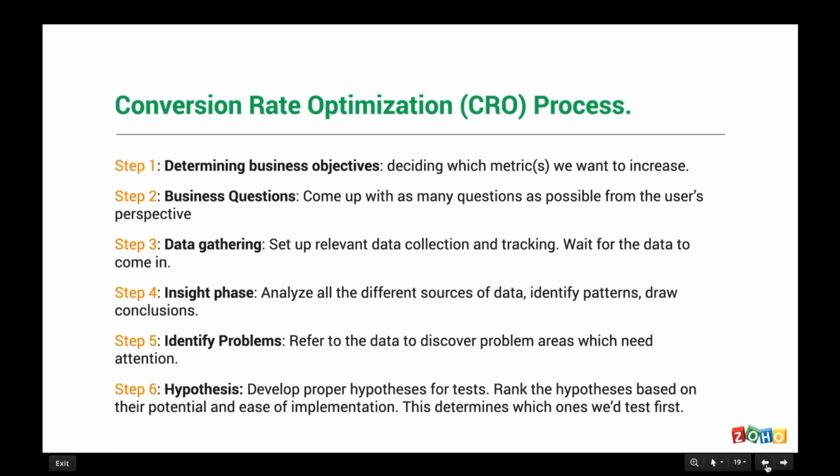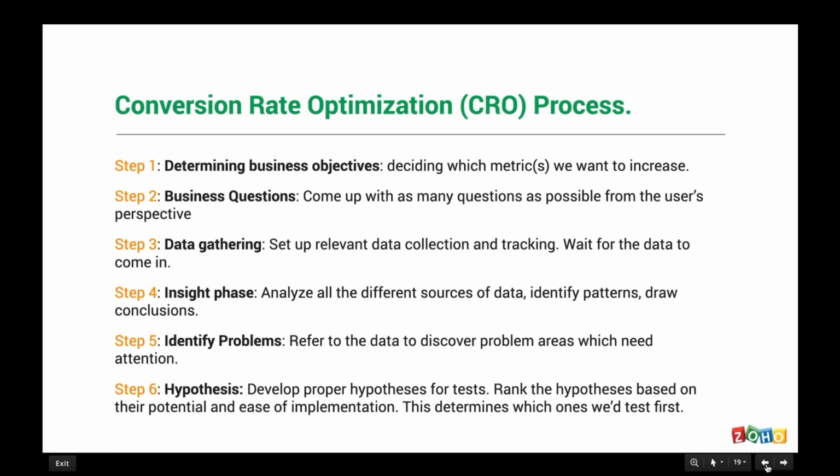And once we know what it is that we want to know, we can go out there and gather the data. That's step number 3, data gathering. Data gathering is not where we install some analytics tool on our website and wait for the data to come, and then we don't know what to do with the data. This is the exact scenario where most marketers and website owners fail today.